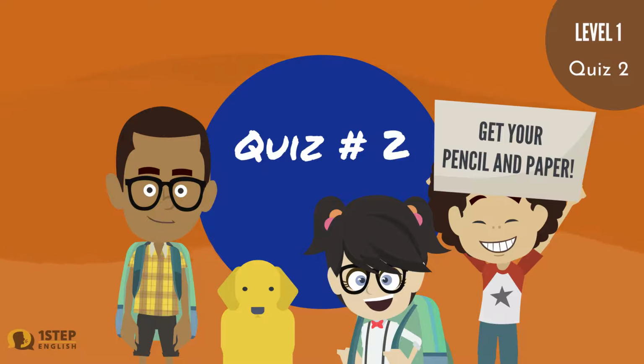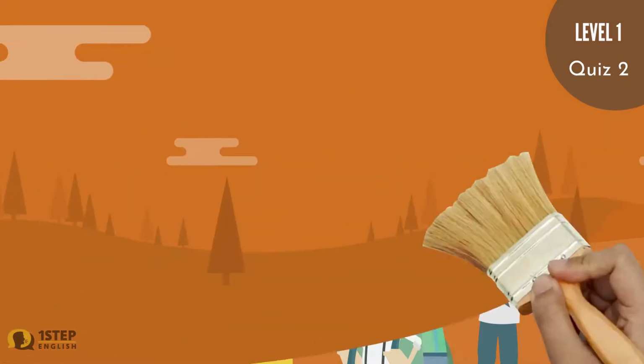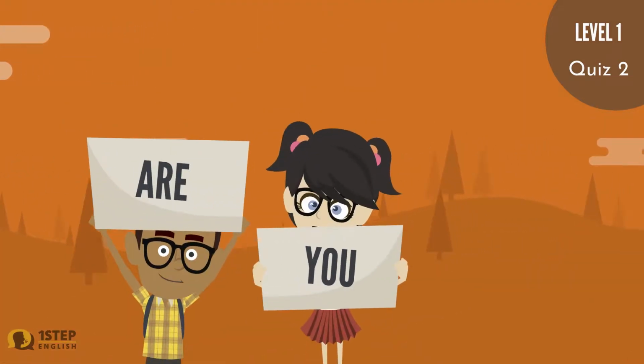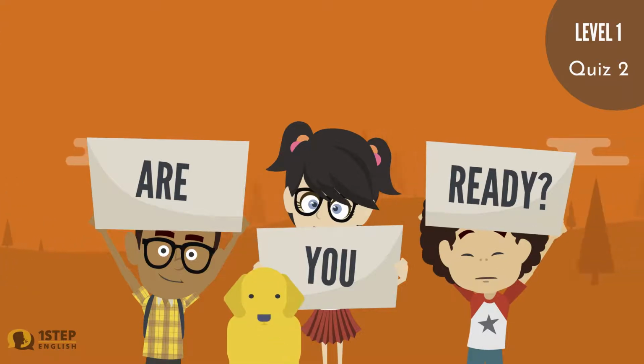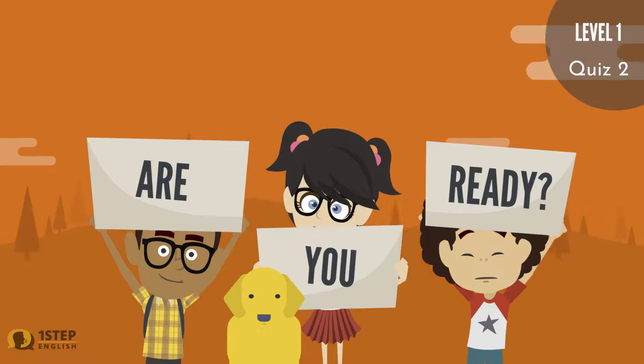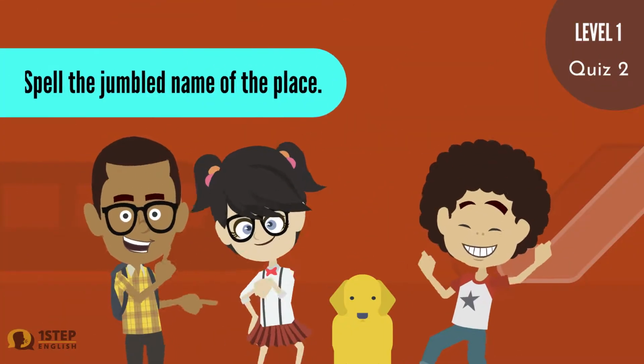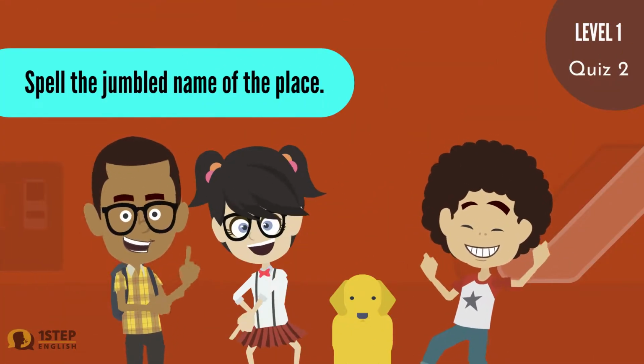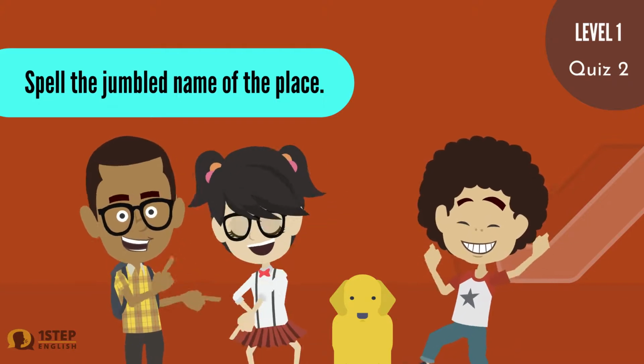Quiz number 2. Ready your pencil and paper. Are you ready? Spell the jumbled name of the place.